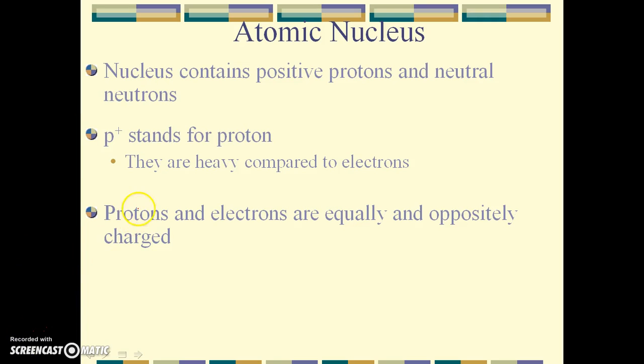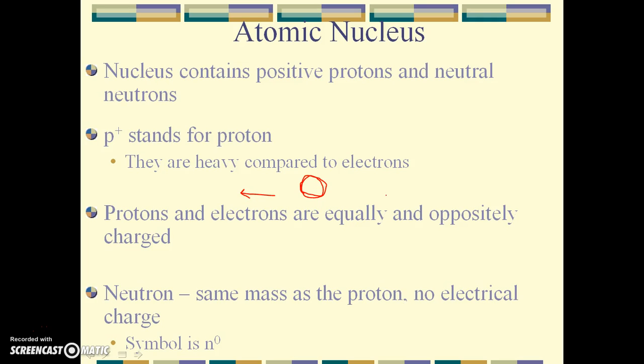So basically the protons in the nucleus will draw the electrons towards the nucleus. And instead of it causing the electrons to move towards the nucleus, it causes the electrons to orbit around the nucleus. Just like the force of gravity from the sun doesn't cause the Earth to go towards the sun, it causes the Earth to orbit the sun.